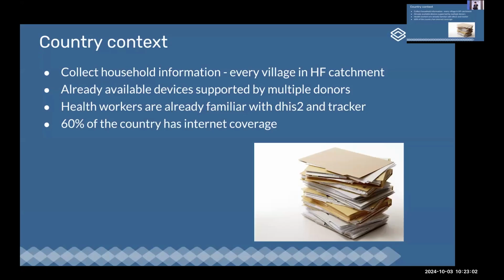They are using tracker for field programs like malaria. Now they are also using it for immunization. And most importantly, because the health worker needs to visit every village, right? It's important that the internet connection has to reach those areas, but in reality, it's only about 60% that you get the internet coverage. So for 40%, you still need to have the offline solution.